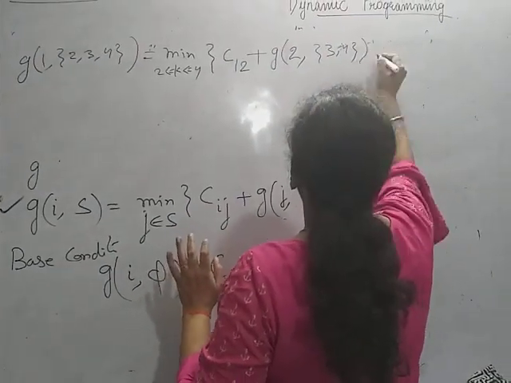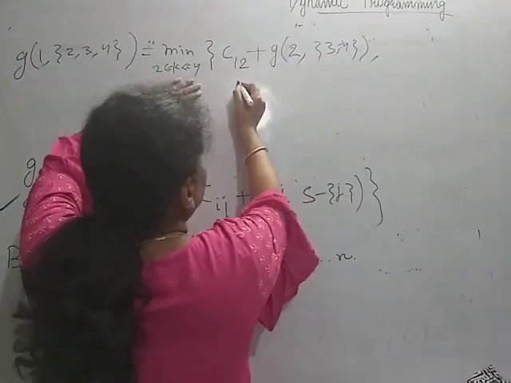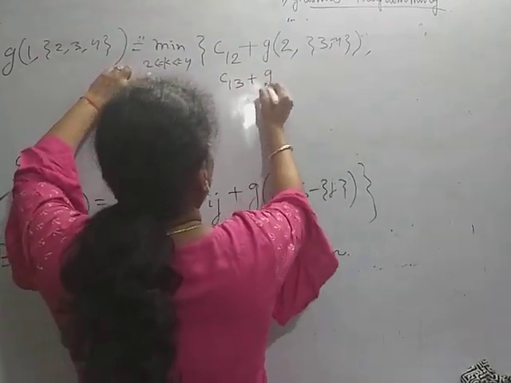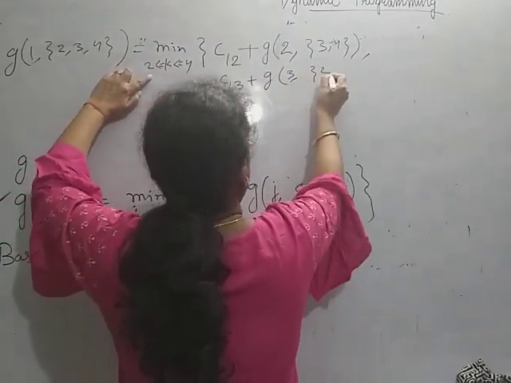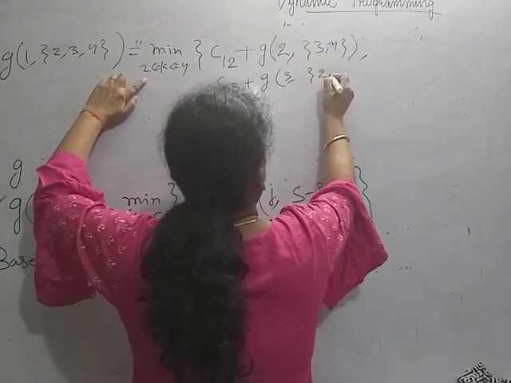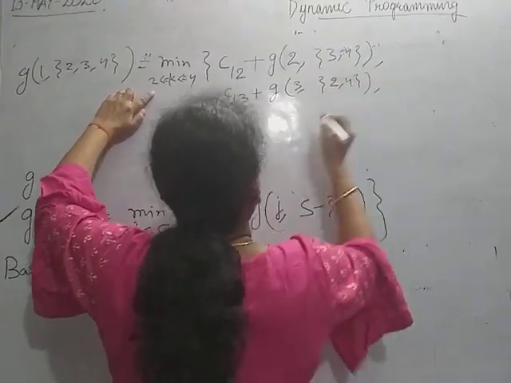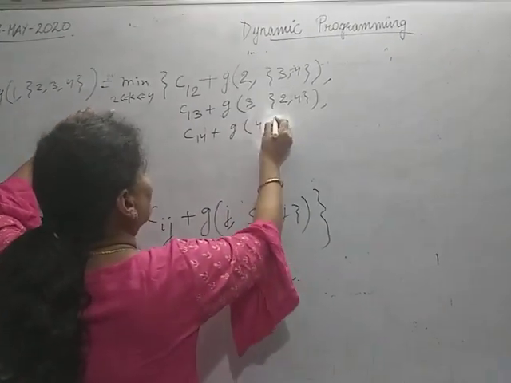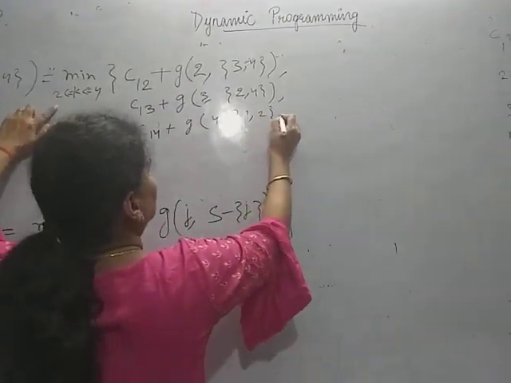Then C(1,3) plus G(3, {2,4}), and then C(1,4) plus G(4, {2,3}).